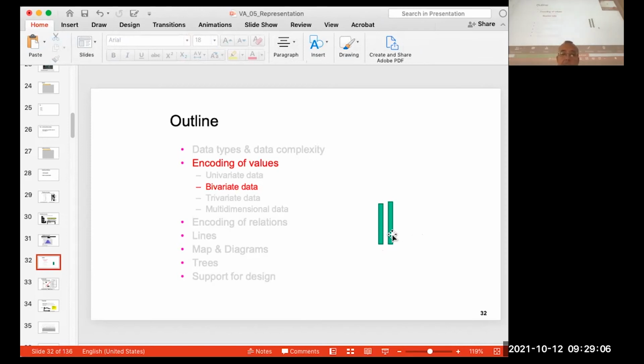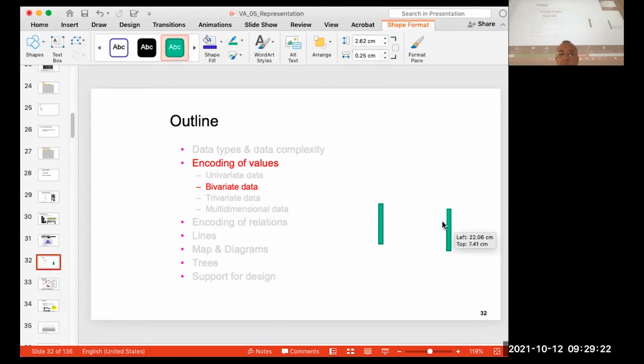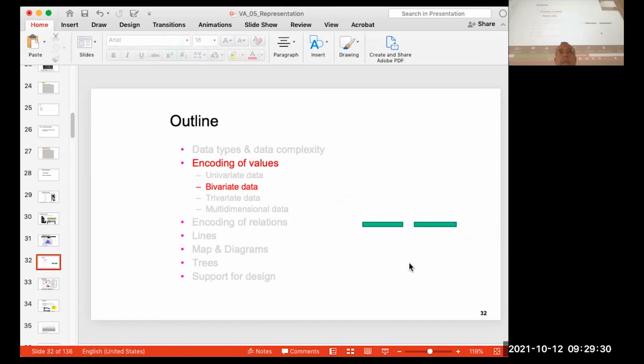So to discover that this one is longer than this, you are not comparing the length. You are comparing the position of the top. Position is more effective than length. If I just take this and I rotate them, I'm not changing the length. Side by side, you will never come up with this information.